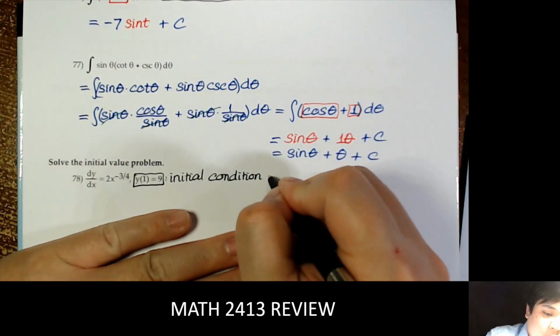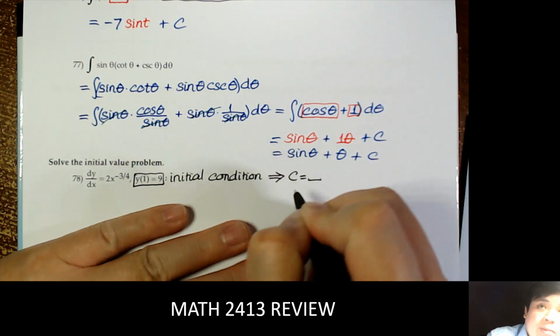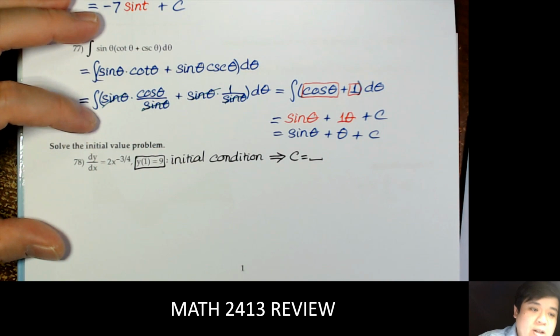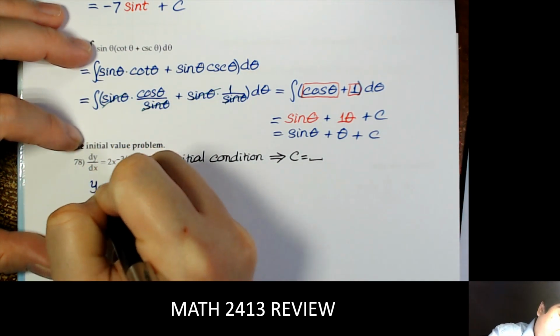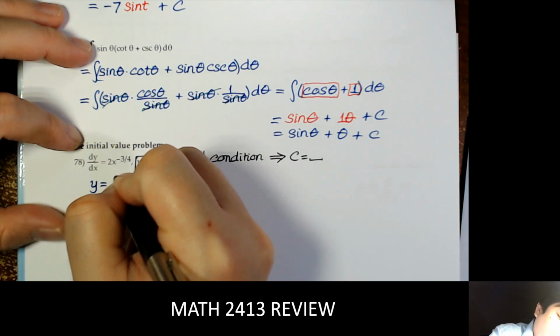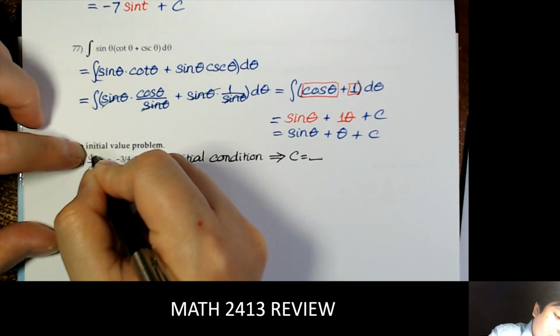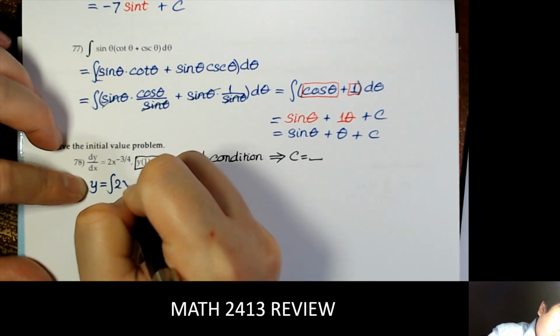And the initial condition will help us to find the constant c. Right. Get back to that at the end. For now, if we have the derivative, to get back to the function or the antiderivative, we just integrate. So derivative go back to y, we have to integrate.